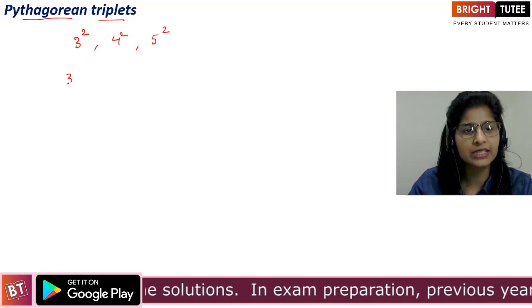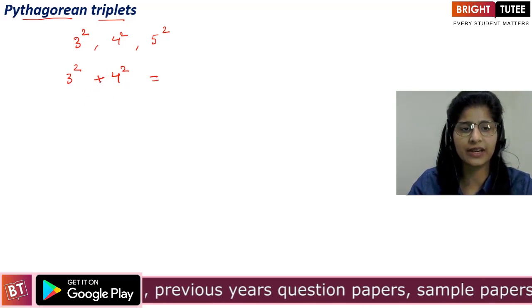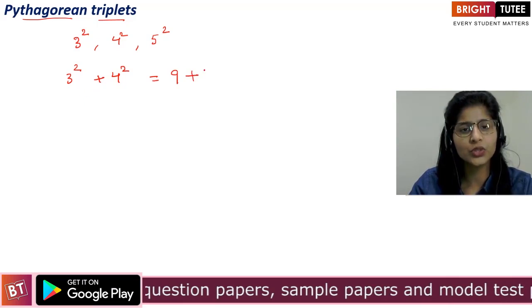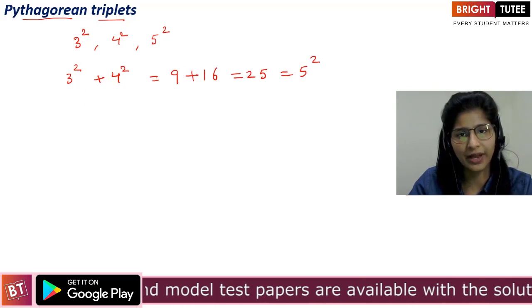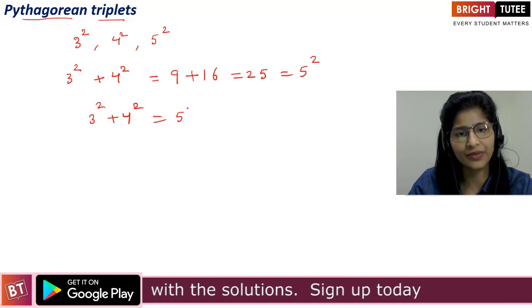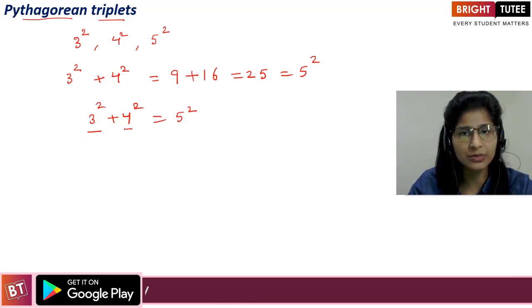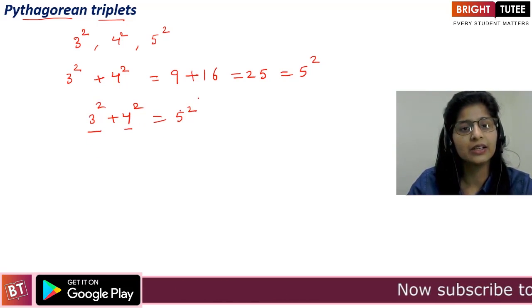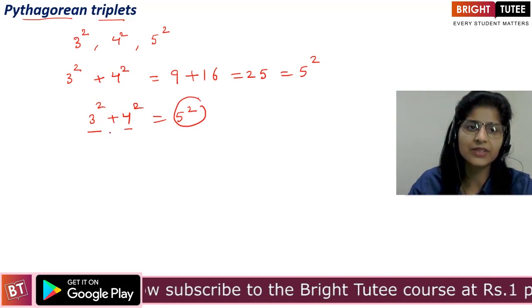We can write 3 square plus 4 square equals, let us find it, 3 square is 9, 4 square is 16 and it is 25, which can be written as square of 5. So 3 square plus 4 square is giving us 5 square. That means the sum of squares of two terms is equal to the square of the third term.